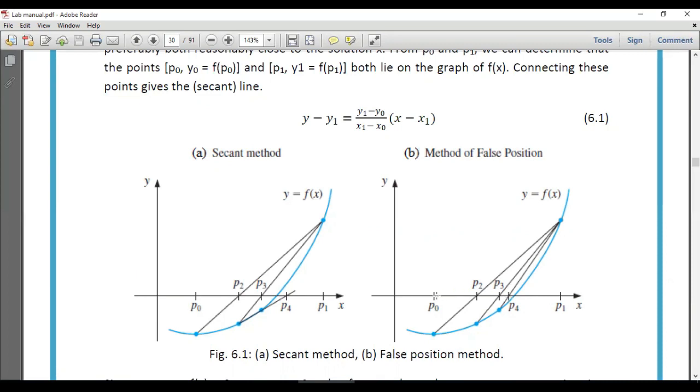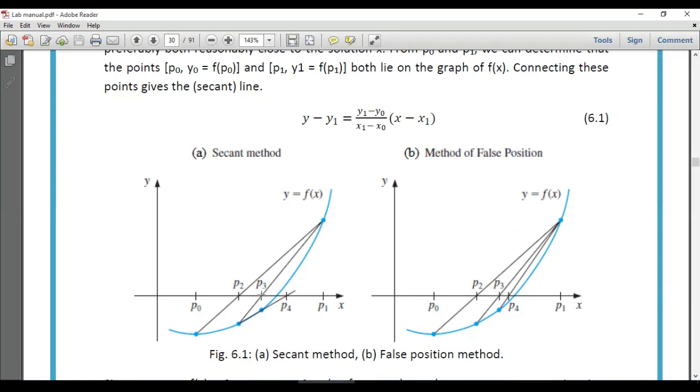If our solution exists between P0 and P2, then we will discard P1, and we will consider these two points to draw the new secant. Otherwise, if our solution exists between points P1 and P2, then we will discard P0, and we will again draw the secant to achieve the new point.